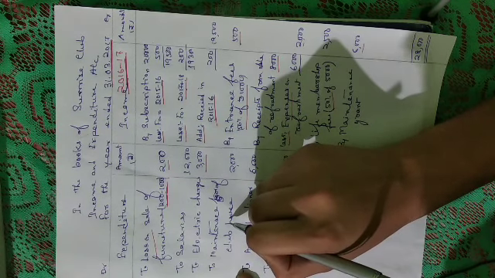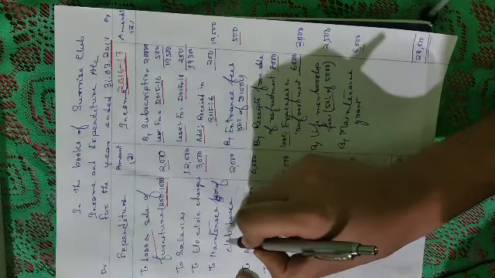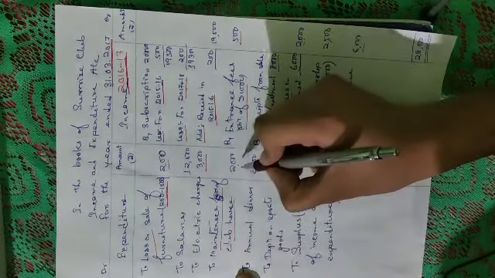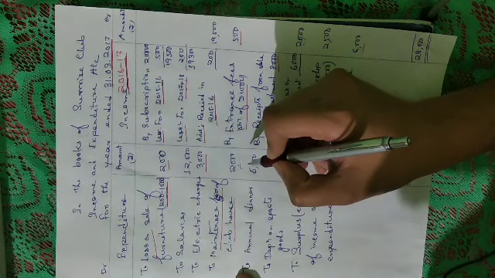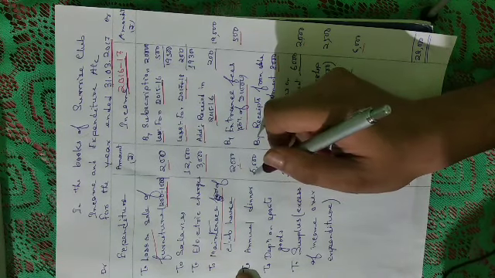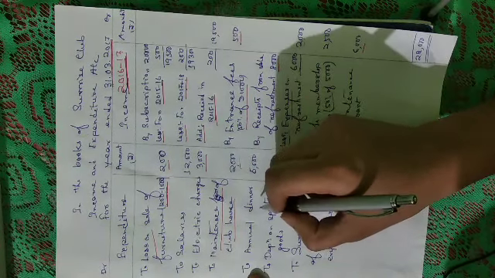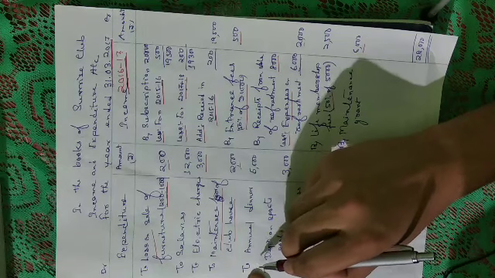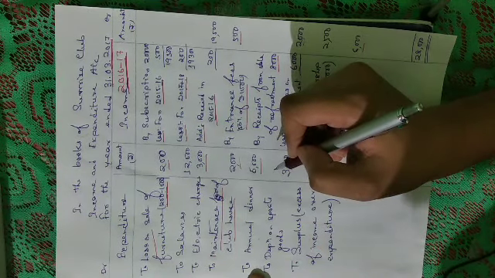Maintenance of clubhouse, maintenance of anything is revenue in nature, so it is expenditure, 2000. Next, annual dinner is revenue expenditure, so it comes under the expenditure side, rupees 5000.